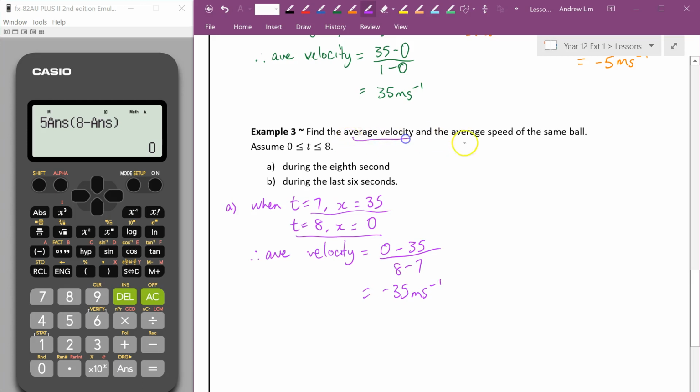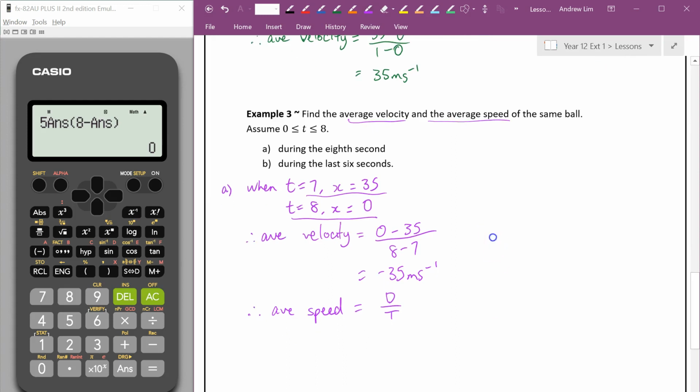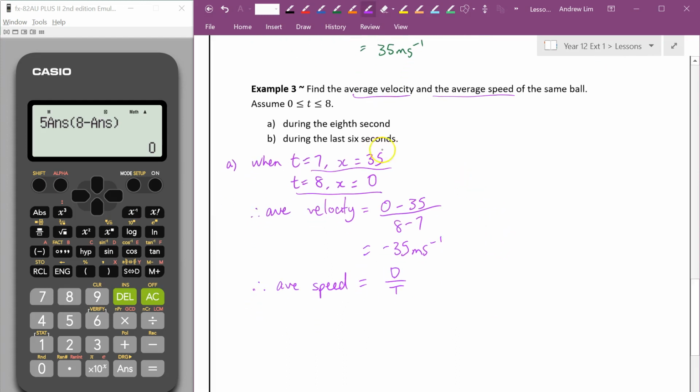So we've done average velocity. We also need to work out average speed. Average speed is distance traveled over time taken. We can see here that the distance traveled was from 35 to 0.